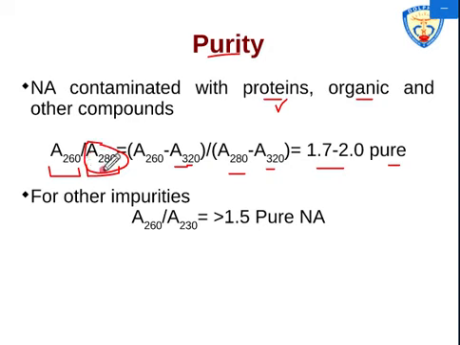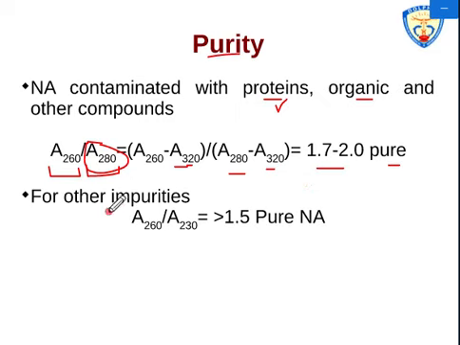So if the denominator increases, the ratio will decrease. As you go away from 1.7, below 1.7 you go to 1.5, 1.4, the more is the contamination in your sample. So 1.7 to 2 is pure, 1.6 is a fairly pure sample. Below 1.6 means it has impurity of proteins.